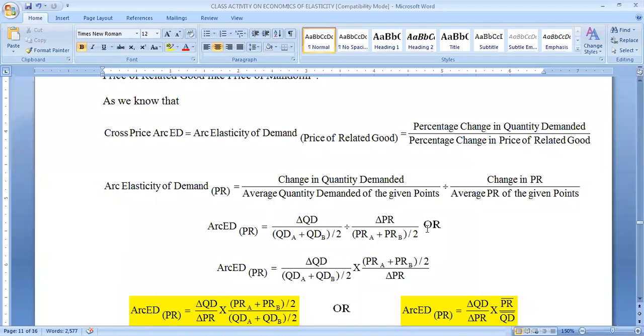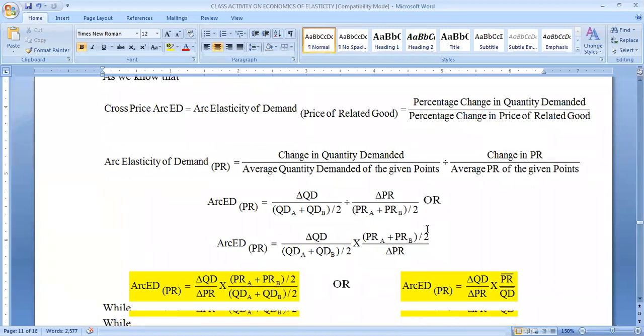In the next step, the division sign is replaced with the multiplication sign, and we convert the price of related good fraction by changing the numerator into denominator and denominator into numerator.